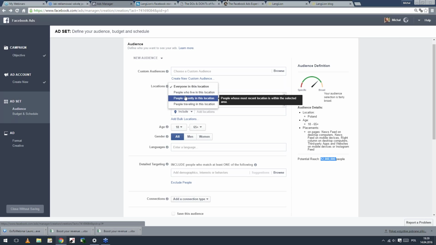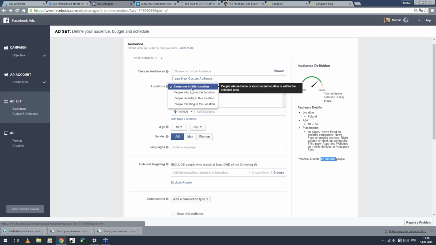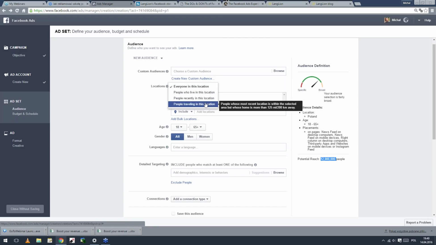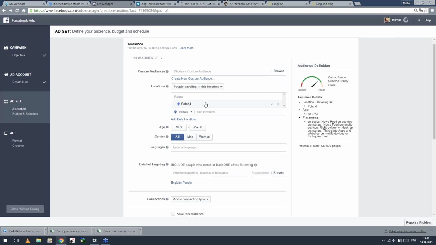Okay, so also including the location, we can decide if we want to target everyone in this location, or people who live or recently were or are traveling in this location. So if you are an American school in California and you are looking for customers from different countries that would like to come to the USA and learn English, then set this.